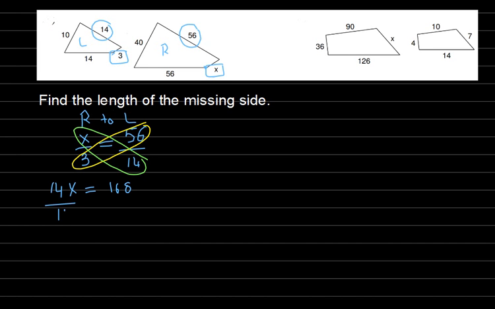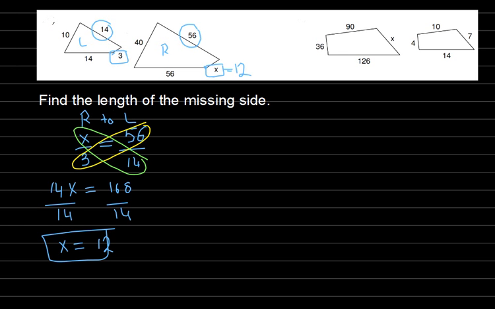Then you're going to divide by 14 both sides to get rid of that 14x, and you end up with just x on the left side. And on the right side, again on the calculator, 168 divided by 14 equals 12. So x equals 12.